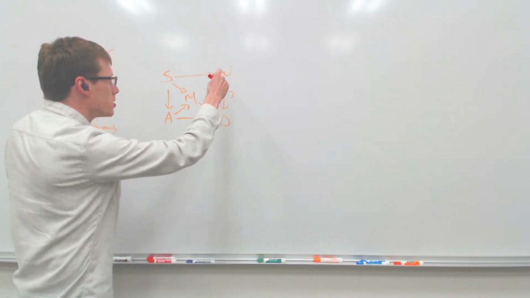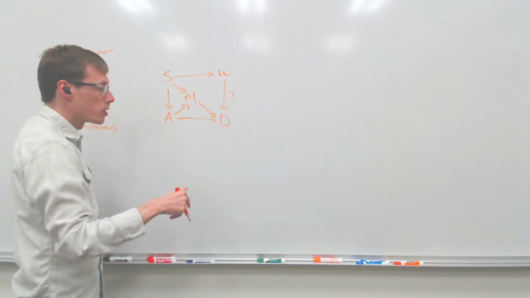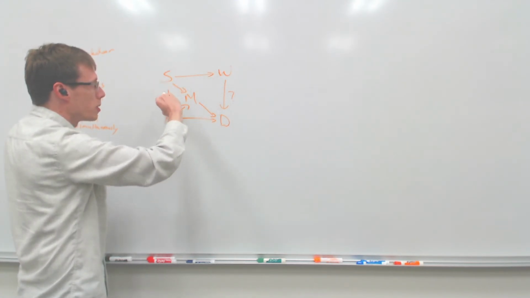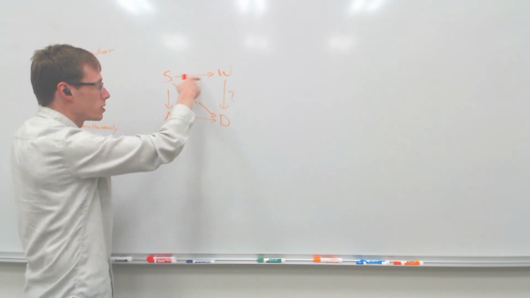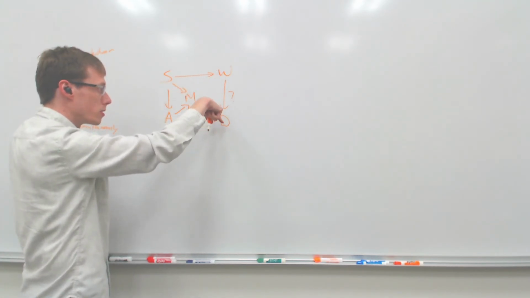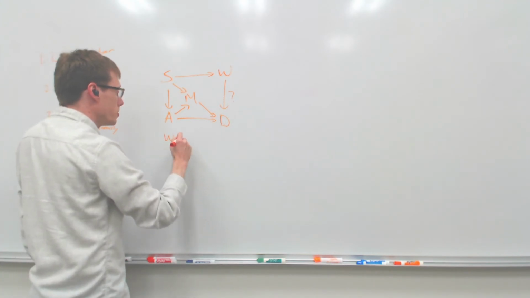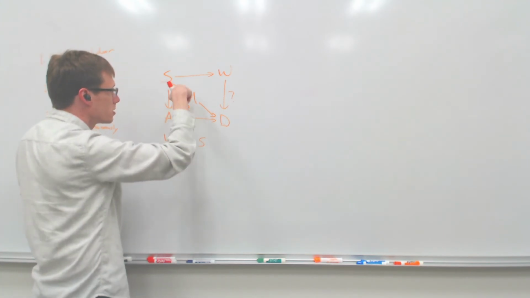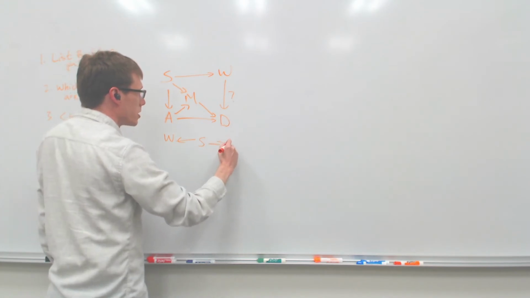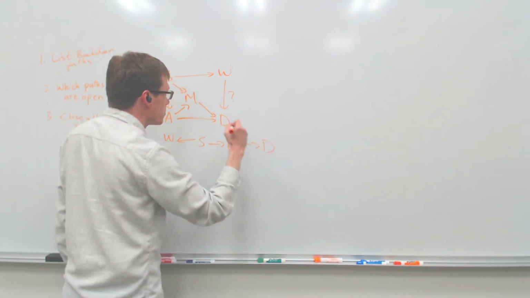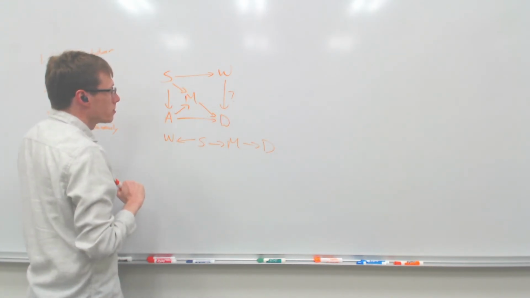All right. Let's see here. First there's a direct path, which we don't include. But now, as you see, there are going to be backdoor paths, because Waffle Houses don't affect anything else. They only have this direct effect possibly. And so we see that W is affected by S, and then that goes on to M, and that goes on to D. That path right there.